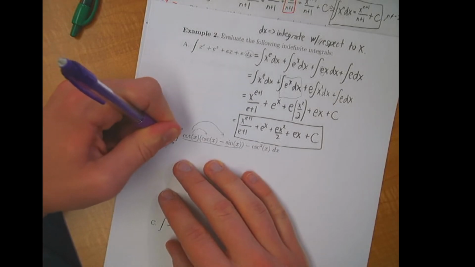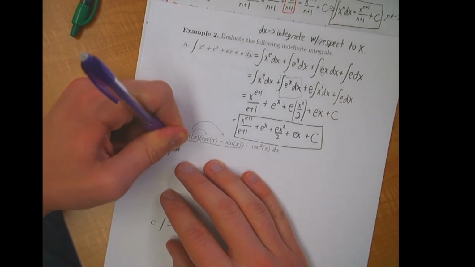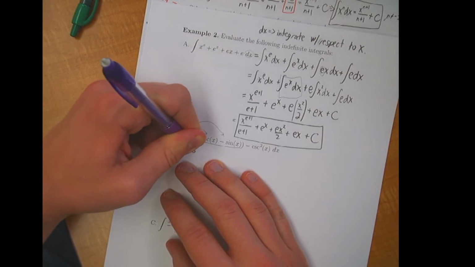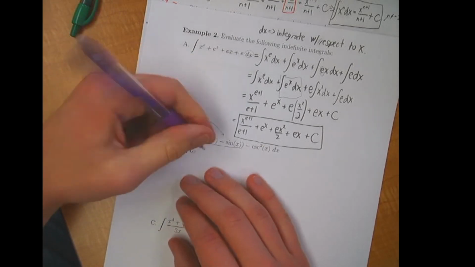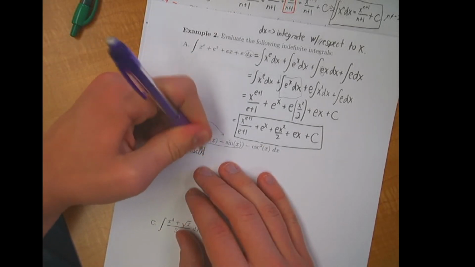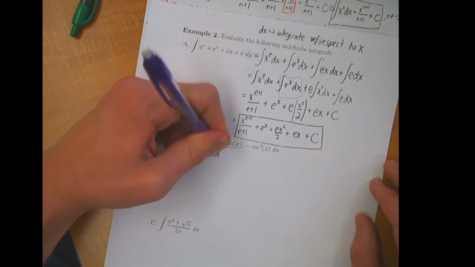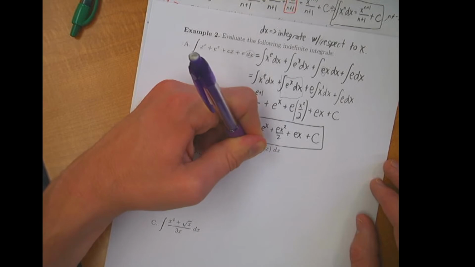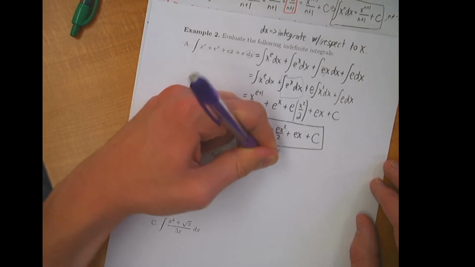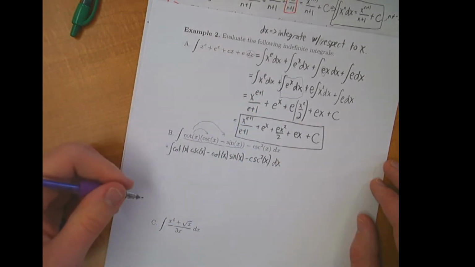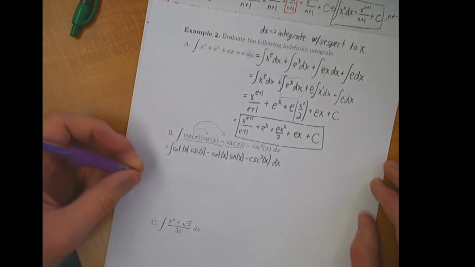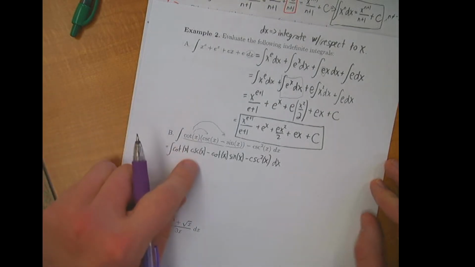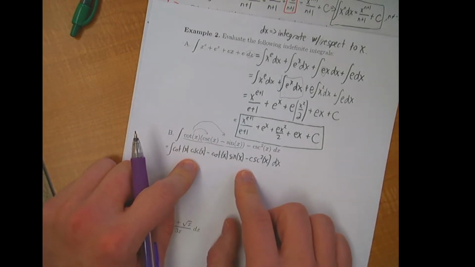So let's go ahead and do that. So we have cotangent of x times cosecant of x minus cotangent of x times sine of x minus cosecant squared times dx. All right. So now, as before, let's go ahead and focus on the integral of each individual term here.